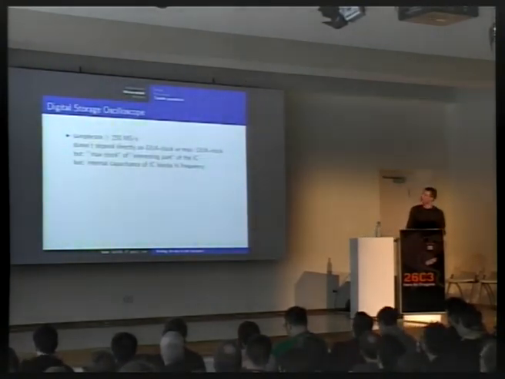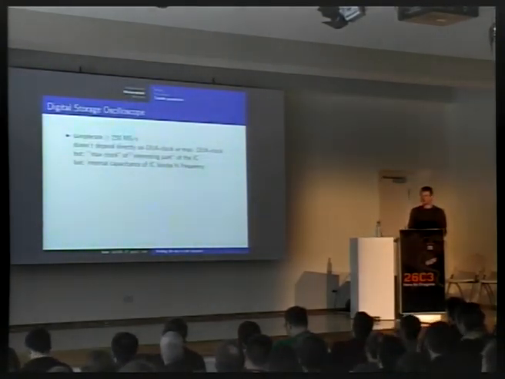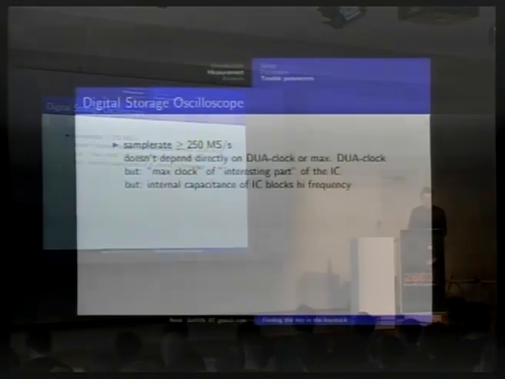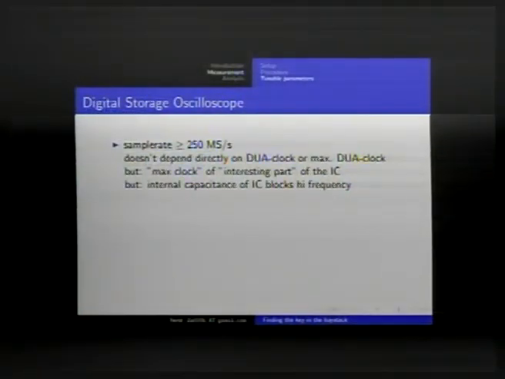The digital storage scope should have a sample rate of at least 250 megasamples per second. This doesn't depend directly on the clock of the device or on the maximum clock of the device you want to attack, but it depends on the maximum frequency of the interesting parts that leak into the current consumption, so where the key is processed.